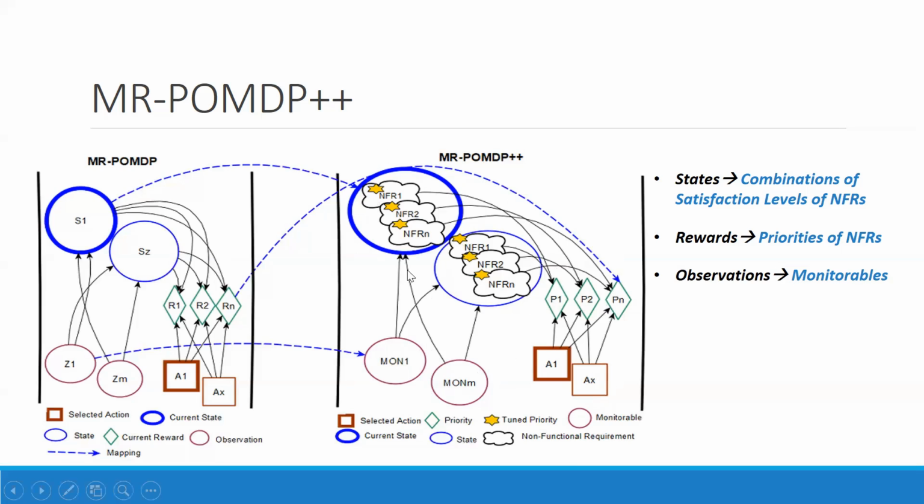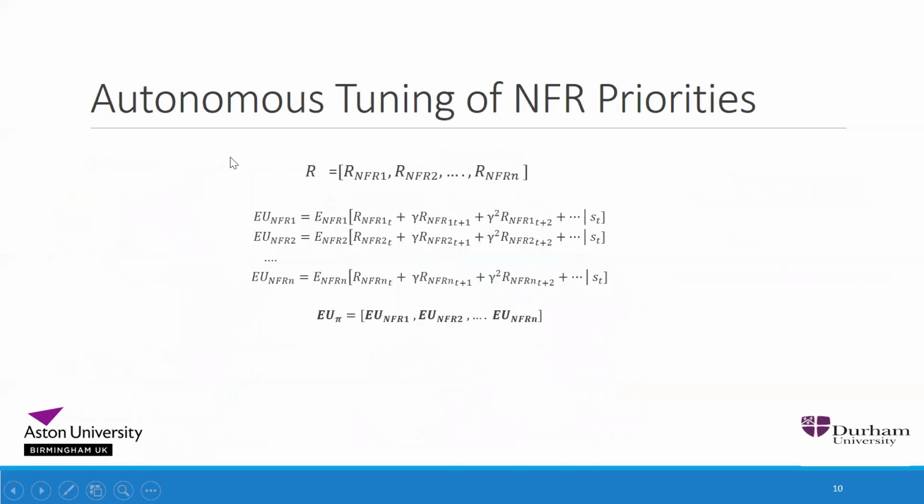Moreover, this runtime model also offers the capability of autonomous tuning of non-functional requirement priorities, as we have a vector valued reward function, that is, a reward for each non-functional requirement. Based on these reward values, a separate expected utility value for each non-functional requirement is computed, and in the end we have a vector valued expected utility value.